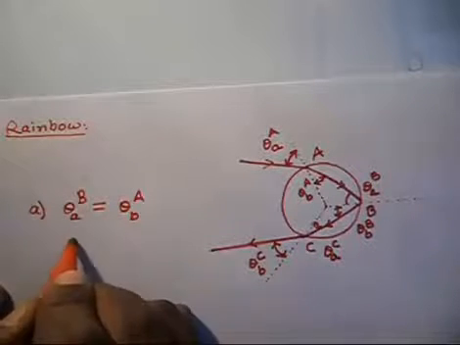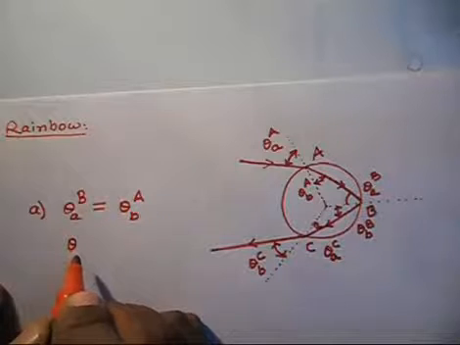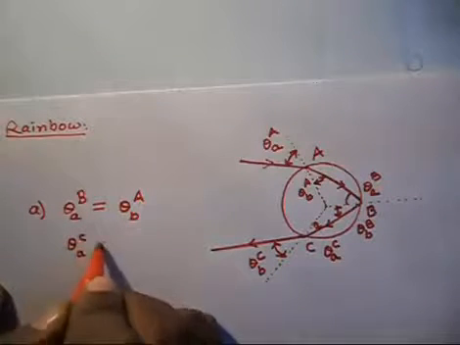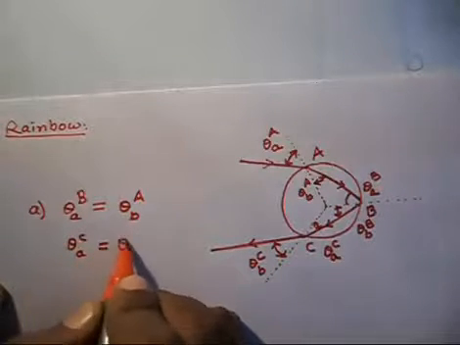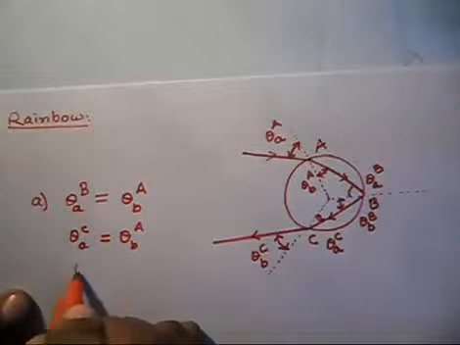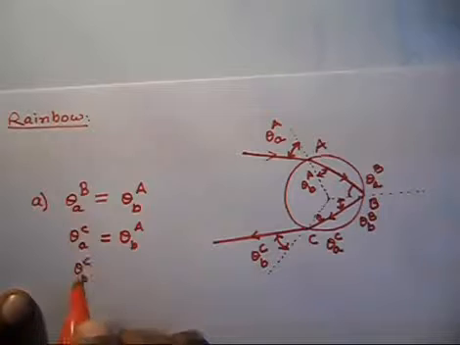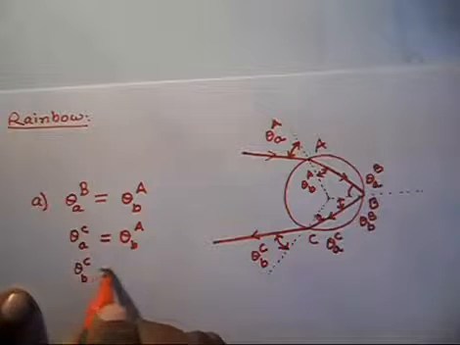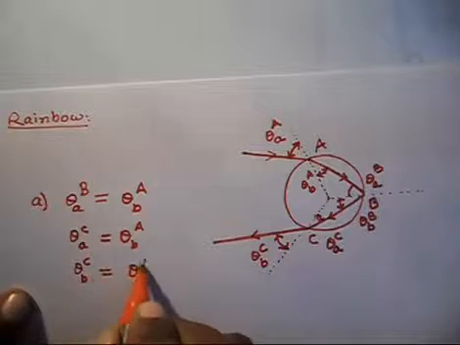Then you have to show theta A at C is the same as theta B at A. And then again you have to show theta B at C is the same as theta A at A.